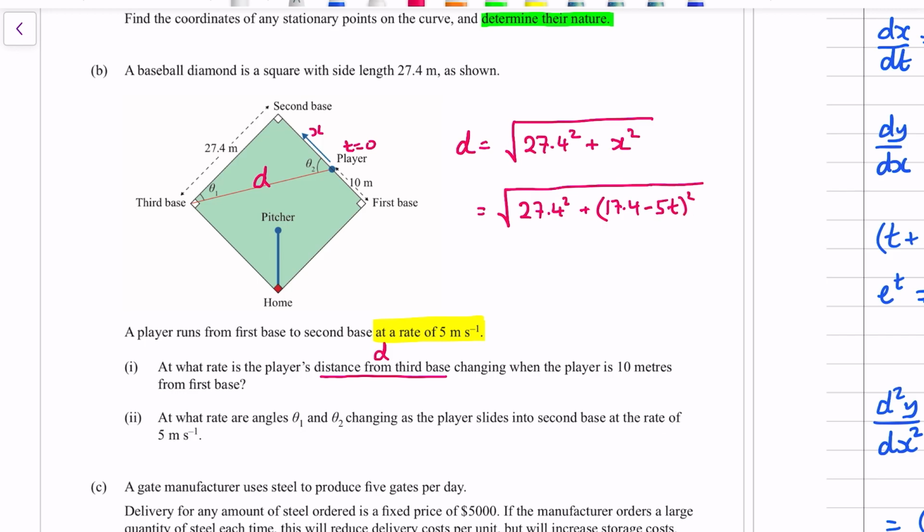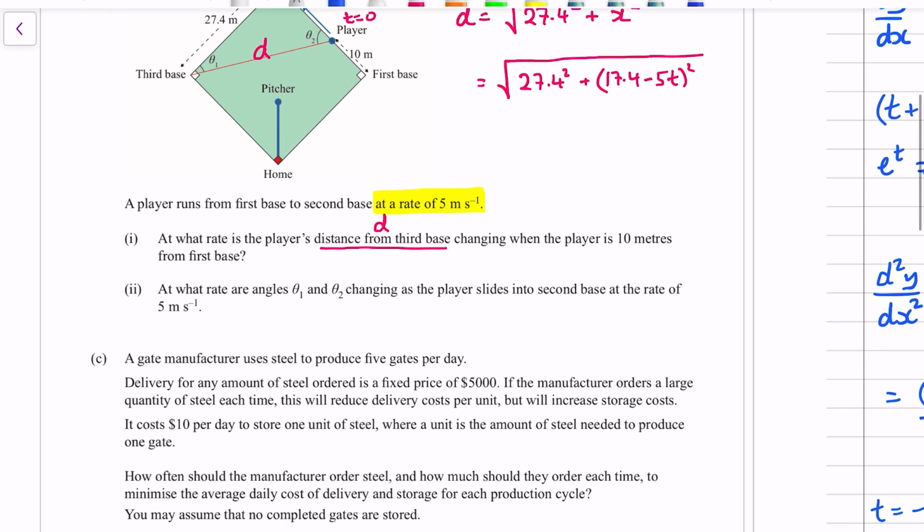By making this function an explicit function of time, I just differentiate it and find that speed. I don't have to do any related rates stuff because I've just done the related rates bit. I've made my expression only have one independent variable. Okay, so that's the way I did the problem.